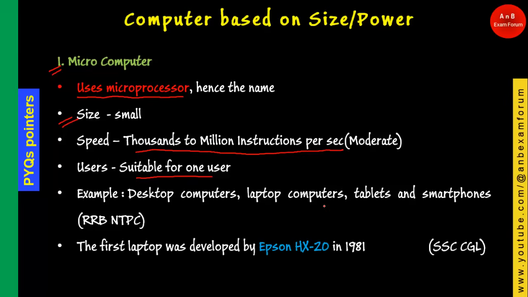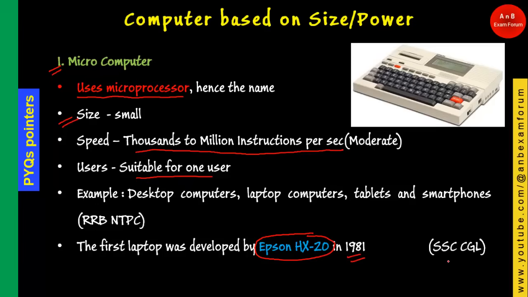The first laptop was developed by Epson HX20, that is the first laptop name, and it was developed in 1981, and this pointer was asked in SSC CGL. And this is how it looked. So you can relate that in the year 1981 this was the first laptop.